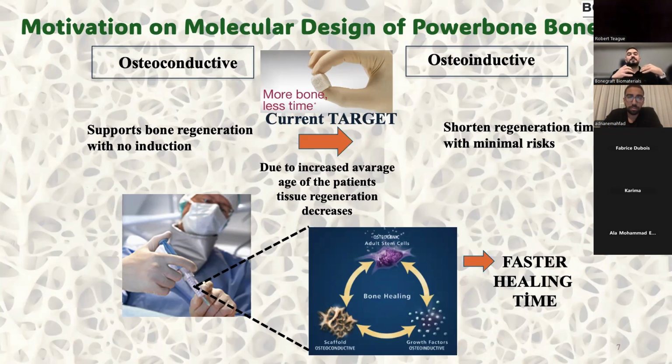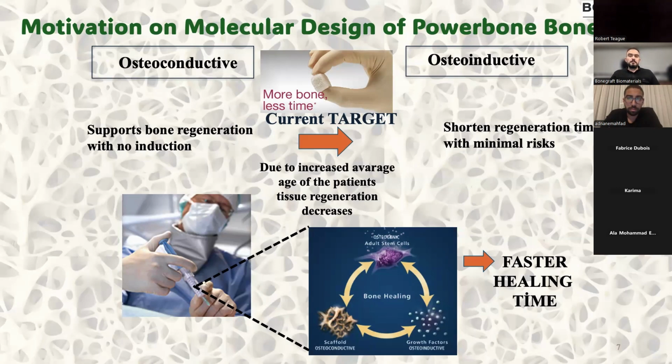We want the graft material being replaced by the patient's own bone, because as we all know, the best bone is the patient's own bone, mechanically and biologically. So when it is replaced, that is the best clinical scenario. So we set beta-tricalcium phosphate as the main material in the graft design.